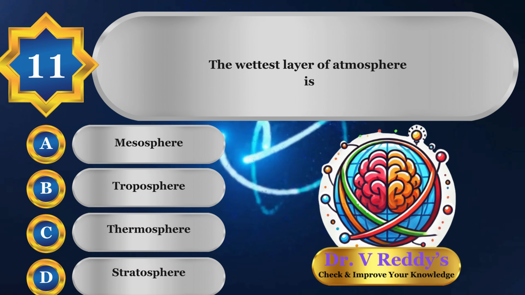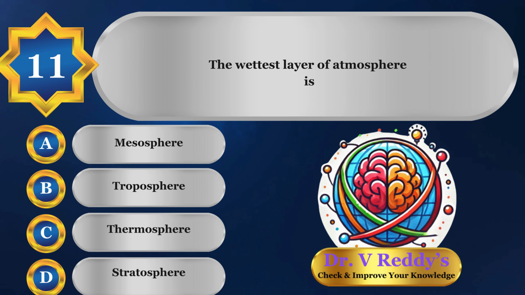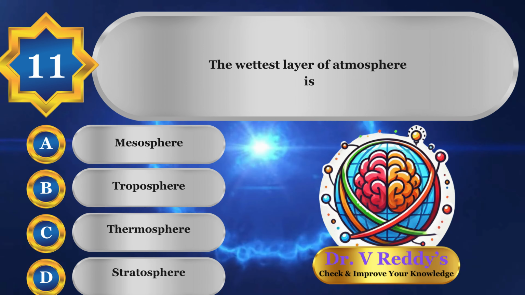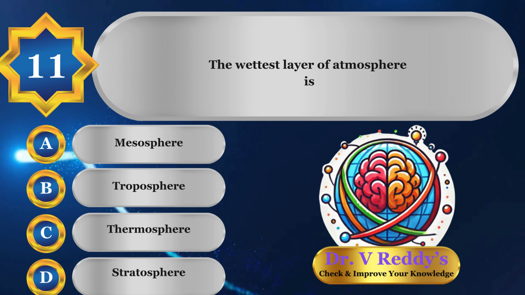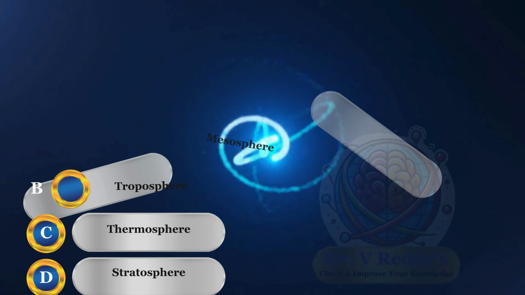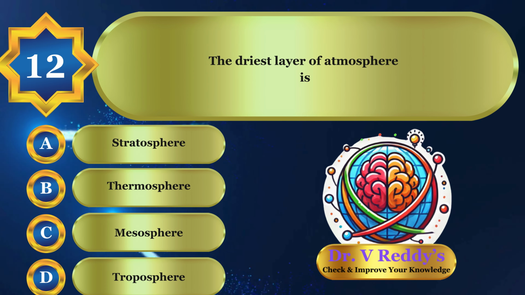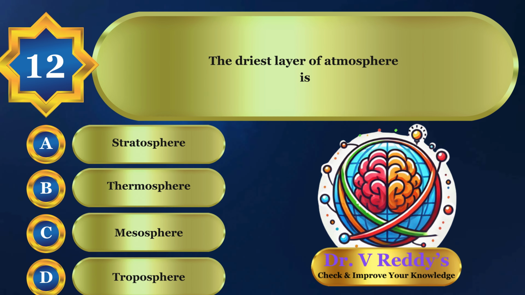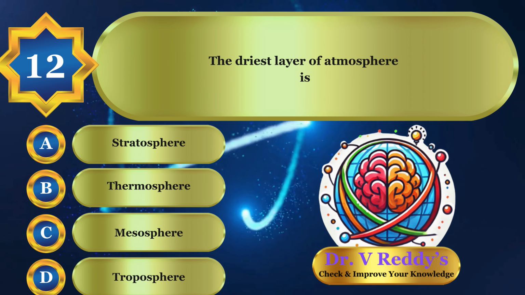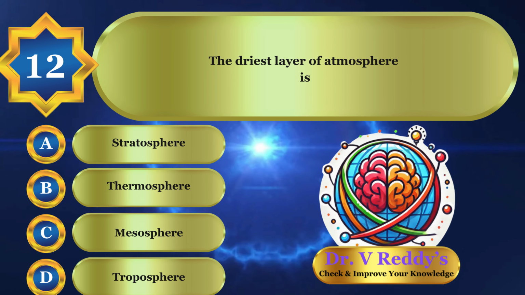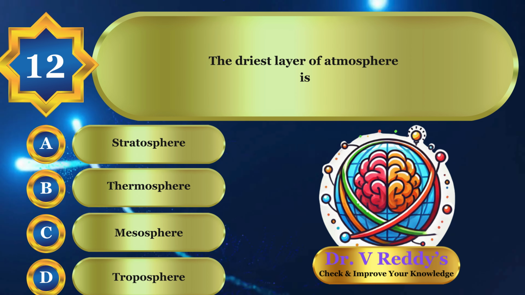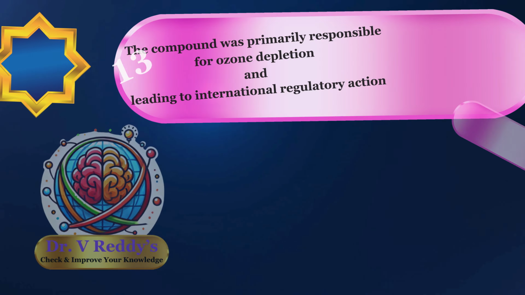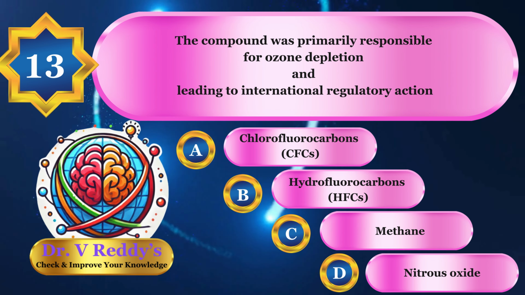11. The wettest layer of atmosphere is A. Mesosphere, B. Troposphere, C. Thermosphere, D. Stratosphere. 12. The driest layer of atmosphere is A. Stratosphere, B. Thermosphere, C. Mesosphere, D. Troposphere. 13.